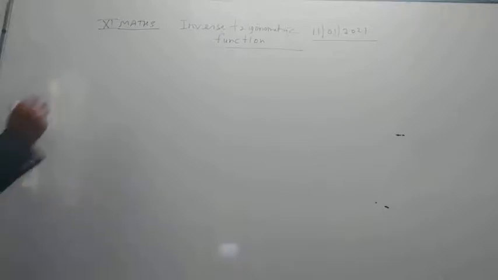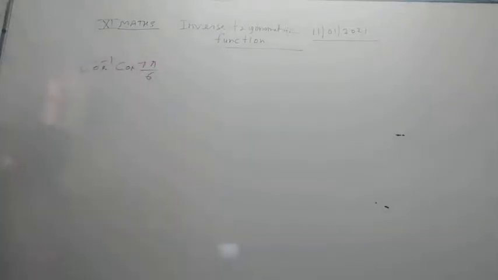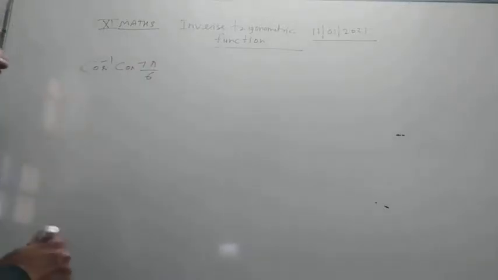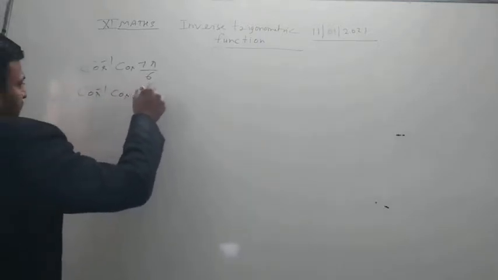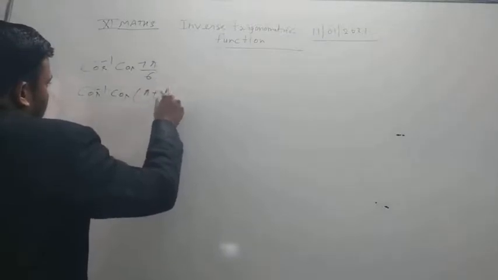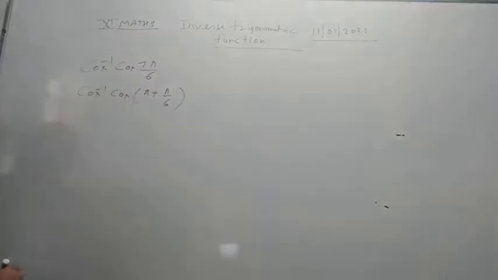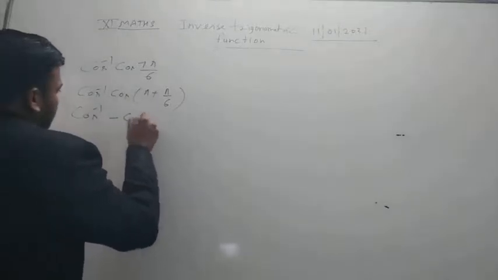Now next question is cos inverse cos 7 pi by 6. Okay, so student, this 7 pi by 6 is not in the principal value branch of cos inverse. So first of all we change this. We write this as pi plus pi by 6. Okay, student. So cos of pi plus pi by 6 is minus cos pi by 6.